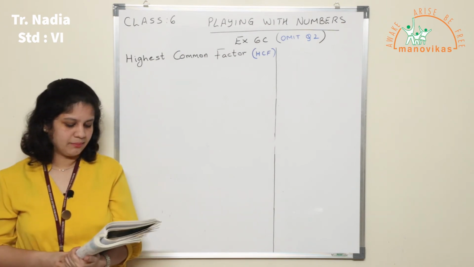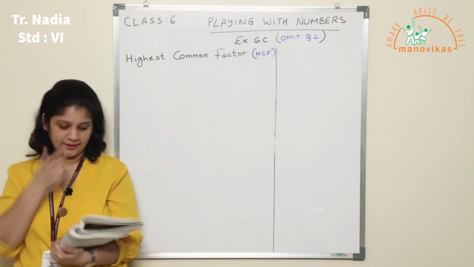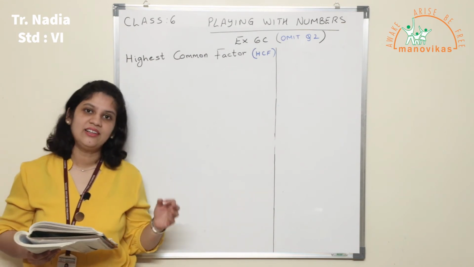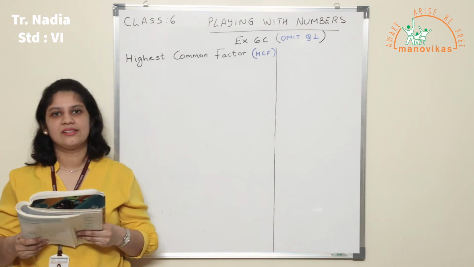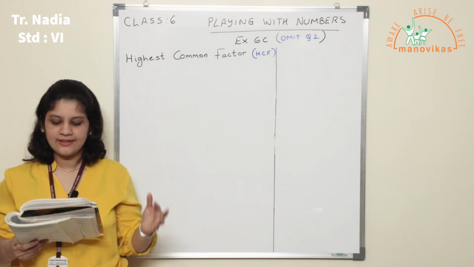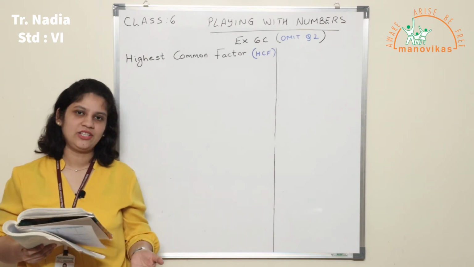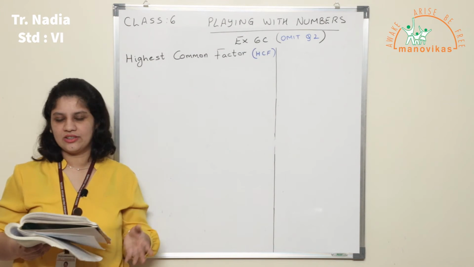Find the greatest number that exactly divides 385 and 735. Now what does this mean? It means the same thing. They are asking you to find the HCF of the two numbers, that is 385 and 735. Greatest number that exactly divides. Just the words are changed. Instead of saying directly find the HCF, they have just changed the words.